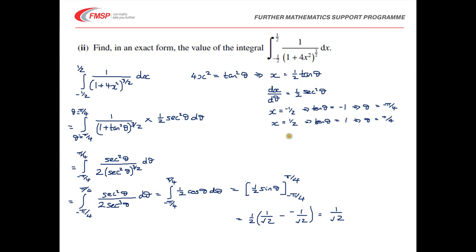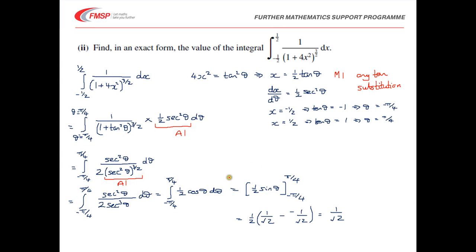For part 2, there is a method mark for any tan substitution. So if you spotted that you need something to do with tan, you'll get your method mark. There's then an accuracy mark for having that half sec squared there, and an accuracy mark for getting this far with your substitution and getting sec squared theta to the 3 over 2 at the bottom.